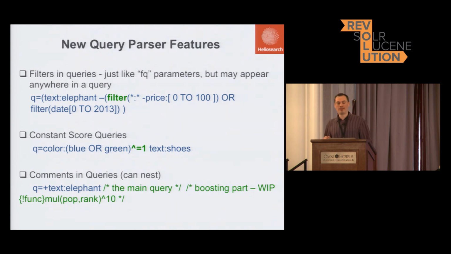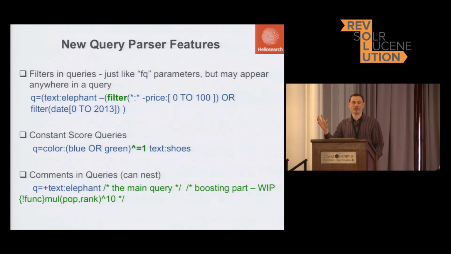We also developed a syntax for constant score query. If you recall, a normal boost query is clause, caret, and then the boost value, and that's a multiplicative boost. So the syntax we came up with is just that caret, but then an equals, and what's on the right-hand side just gets assigned.